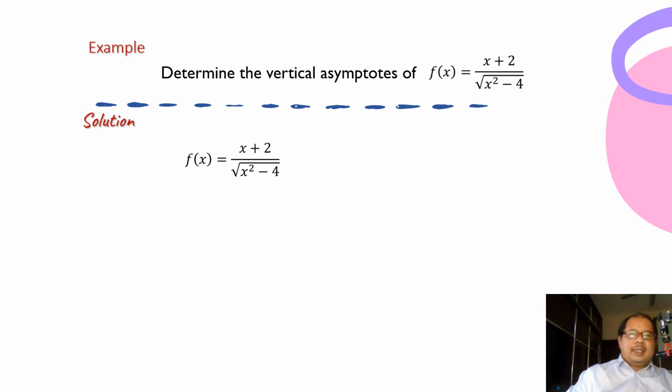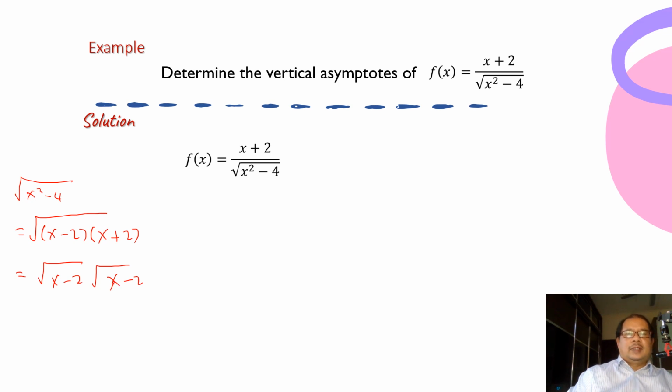Kita boleh ringkaskan sebab square root of x squared minus 4 ni kita boleh tulis sama dengan square root of x minus 2 times square root of x plus 2.